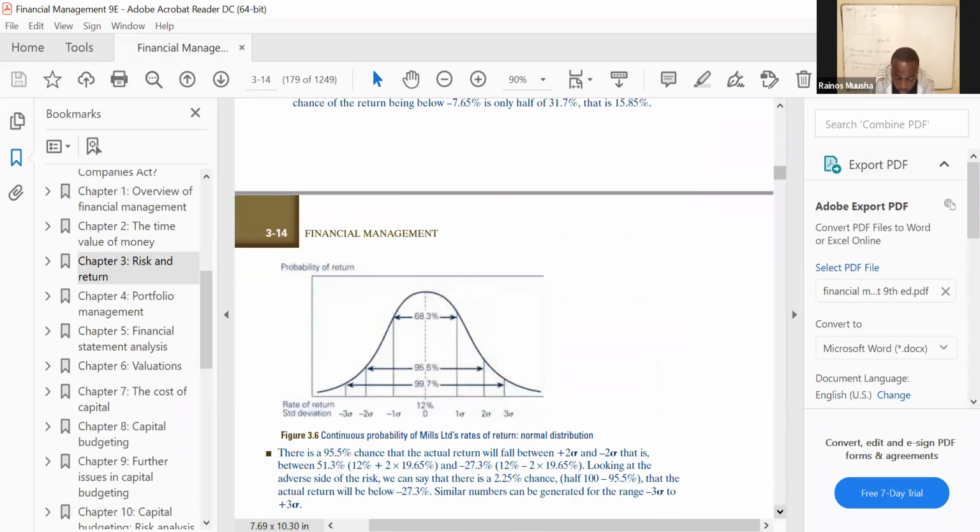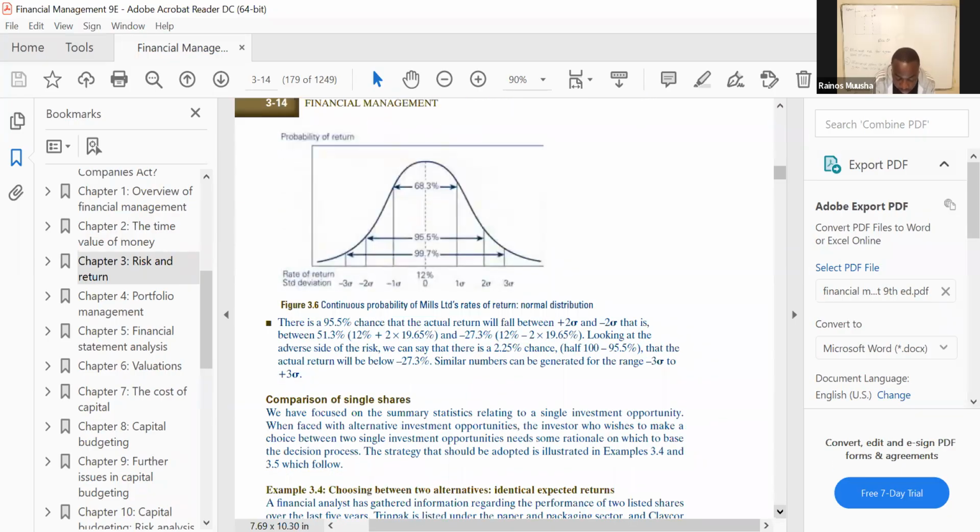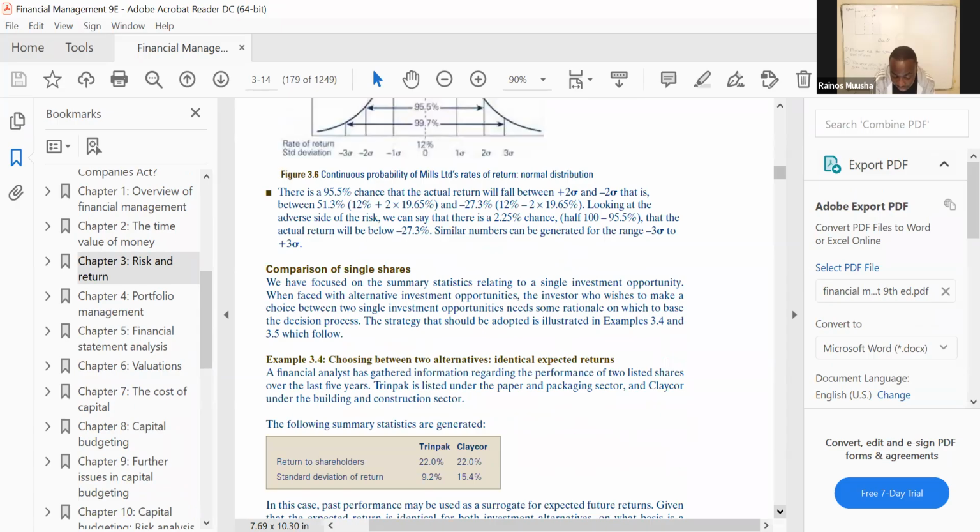The normal distribution shows that 68.3% of your values are found within a number of standard deviations around the mean, 95.5% within a larger number, and 99.7% within a still larger number as well. Don't worry about this. It was not covered in your undergrad, and it's not expected to be covered now.